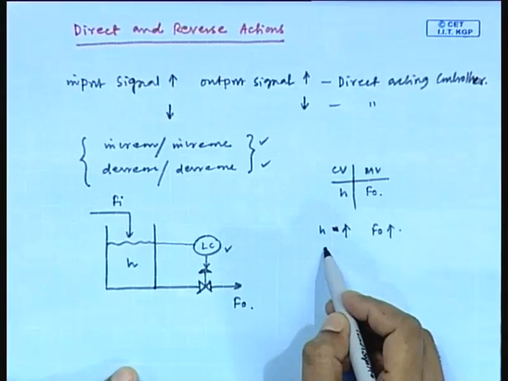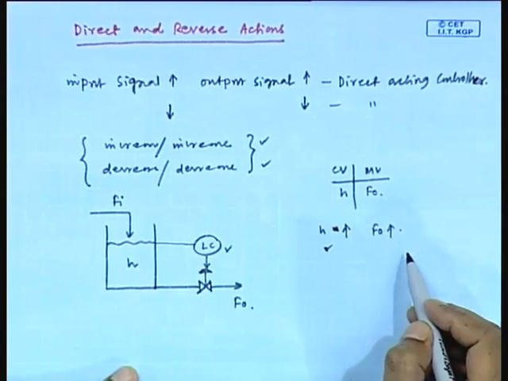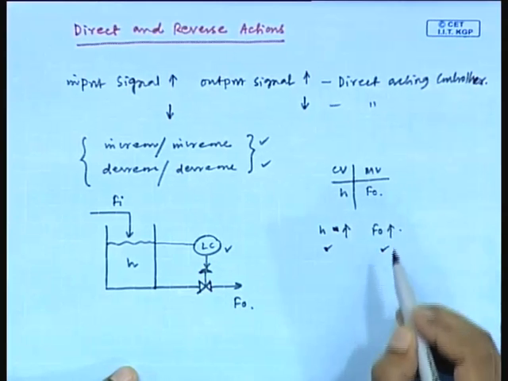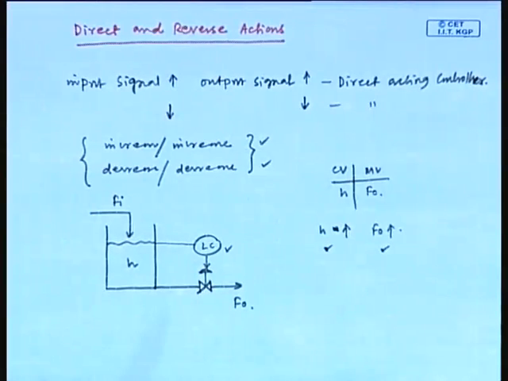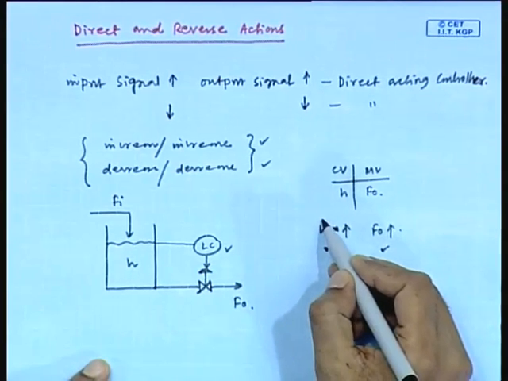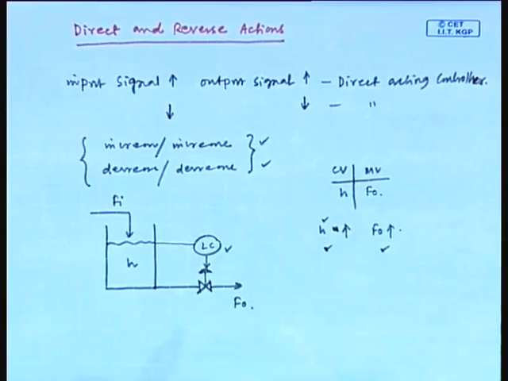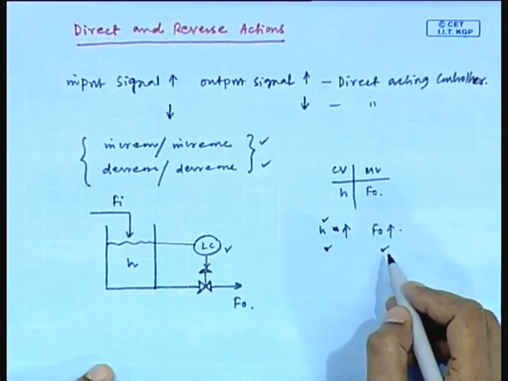You see, the input signal to the controller, that is height, if increases, the controller is increasing the output signal F naught. So, this level controller is direct acting controller.